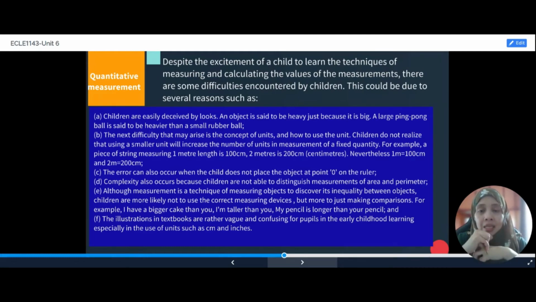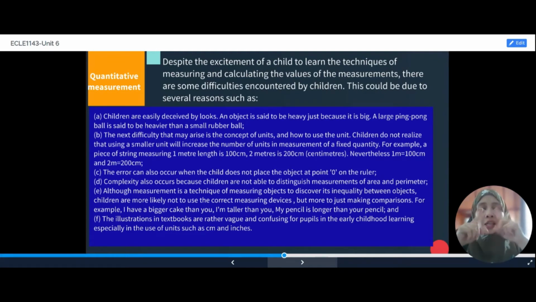The next difficulty that may arise is the concept of unit. Dia tak pasti lagi untuk menggunakan unit mana yang sesuai. Contoh, dia ingat 1 meter itu lebih kecil daripada 100 ataupun 150 cm. Kerana memanglah lebih kecil tu, lebih kecil kan.